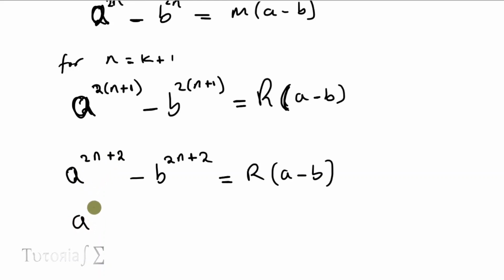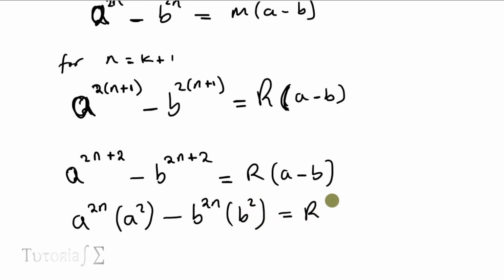a raised to the power 2n, open brackets, a raised to the power 2 minus b raised to the power 2n times b raised to the power 2. So using indices, we can tell that that is the case.